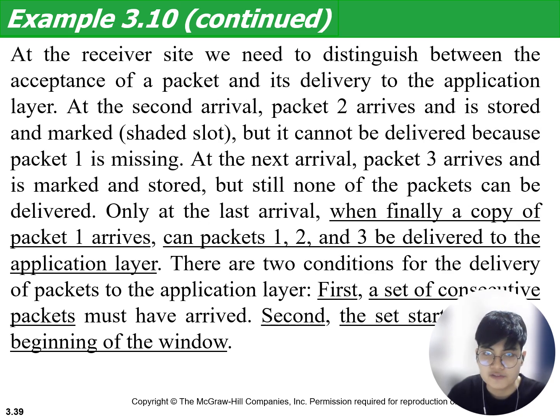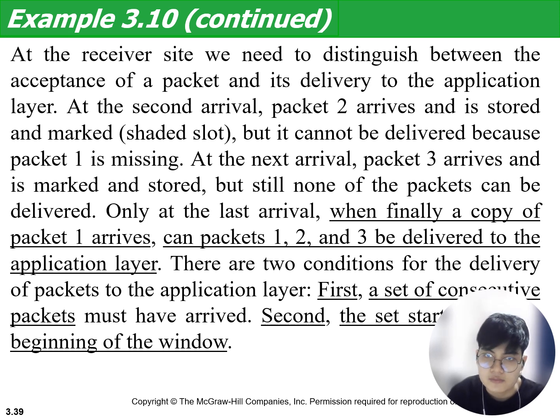Example 3.10. At the receiver side, we need to distinguish between the arrival of a packet and its delivery to the application layer. At the second arrival, packet 2 arrives and is stored and marked as a shaded slot, but it cannot be delivered because packet 1 is missing.